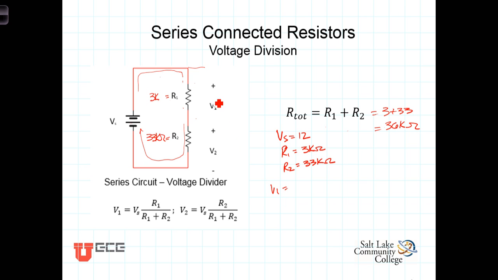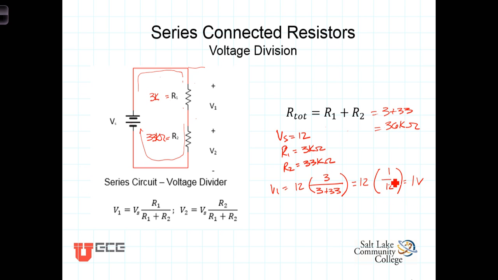V1 then, the voltage across the 3 kilo ohm resistor, will be 12 times 3 kilo ohms divided by 3 plus 33 kilo ohms. Let's just go ahead and do the fraction here: 12 times 3 over 36, that's 1 over 12, or 1 volt.